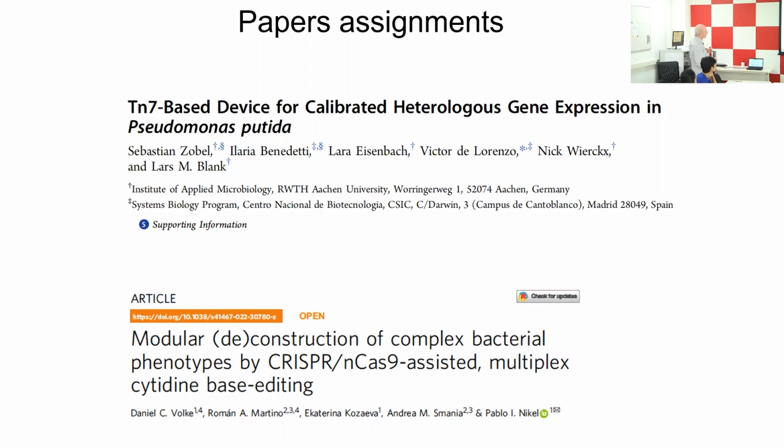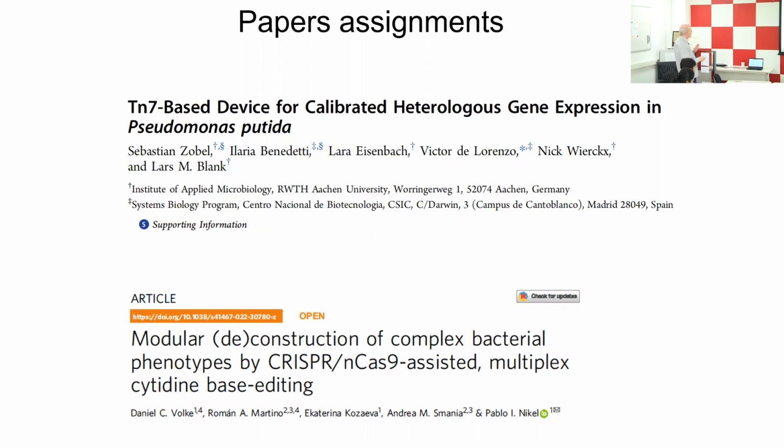And then each promoter was located in the same place of the genome of Pseudomonas putida because of Tn7, together with a reporter gene. So by doing that, we have exactly the same context in all constructs, excepting for the nature and the sequence of the promoter. And therefore, that enabled us to calibrate very well the activity of the promoters, because we could really compare all the conditions regardless of the context, because the context was always the same in every case.